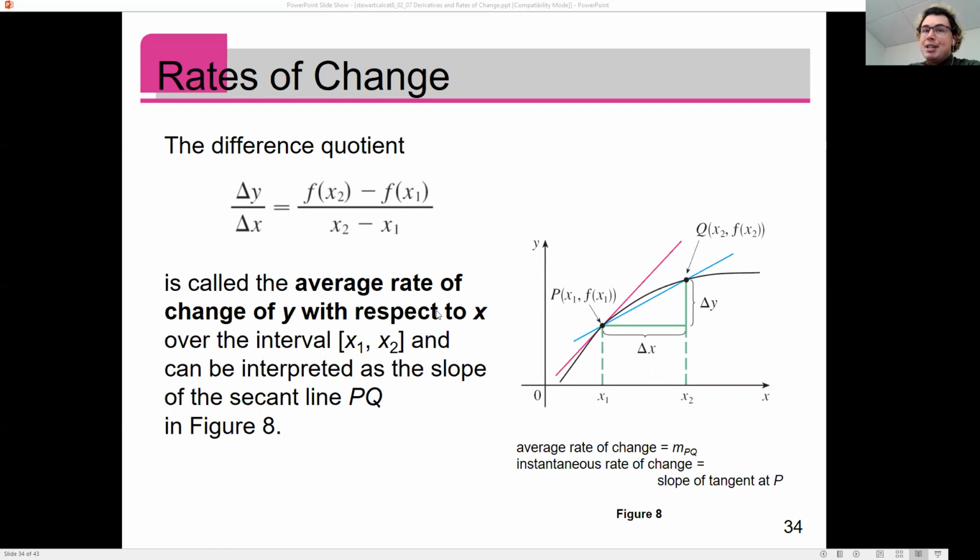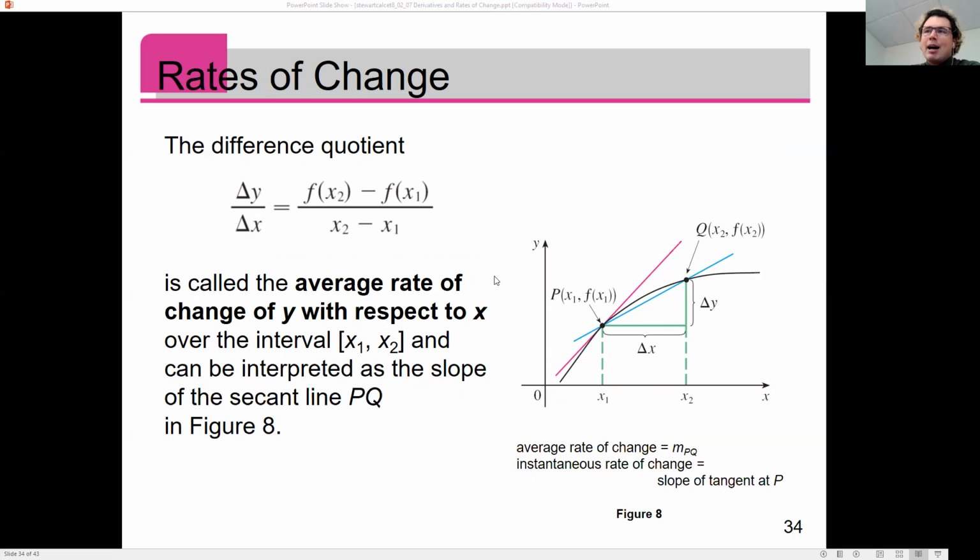So my difference quotient, there it is again, is the ratio between delta y and delta x. It's that fraction. So this is geometrically a slope formula, but it's the slope of that blue secant line.